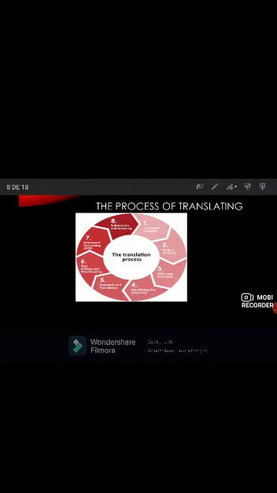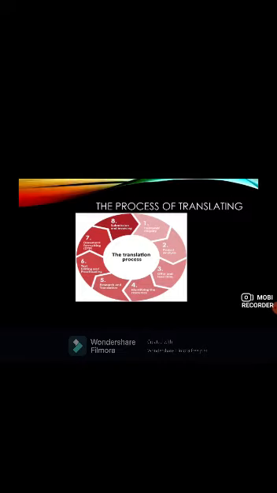The process of translating is a practical approach. It determines how to transfer the contents of the source into the target. There are many models for translating.